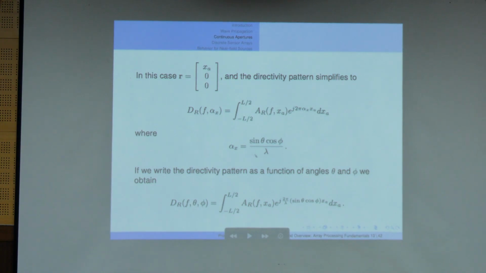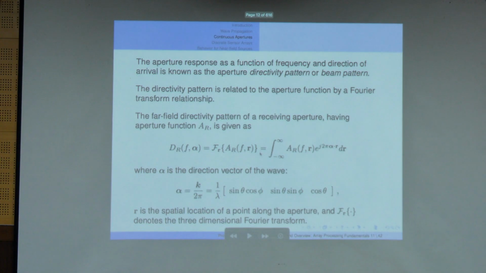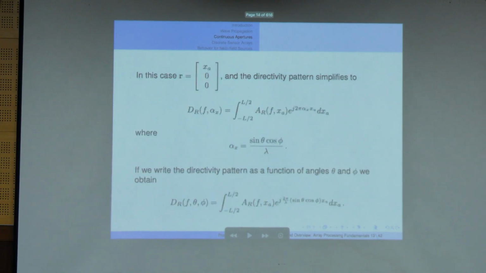And alpha x is just the first part, what we showed before. This is alpha x, this is the x part. So it's sine theta cosine phi divided by lambda here. So we can write it specifically, the directivity pattern.